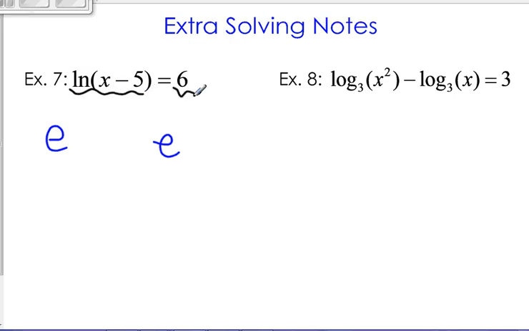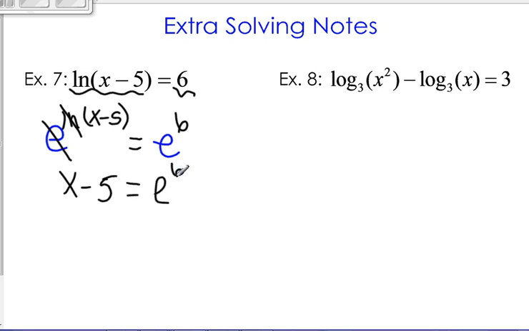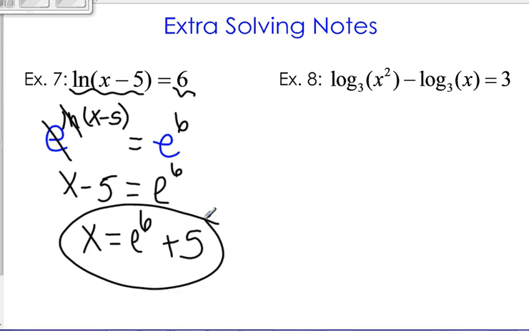Those become the exponent of my base. So it's going to be e to the ln of x minus 5 equals e to the 6th. Okay? And now that the ln and the e are canceling, we're left with x minus 5 on the left, equals e to the 6th. And now I'm adding my 5 to the other side. So x equals e to the 6th plus 5. And that would be our answer.